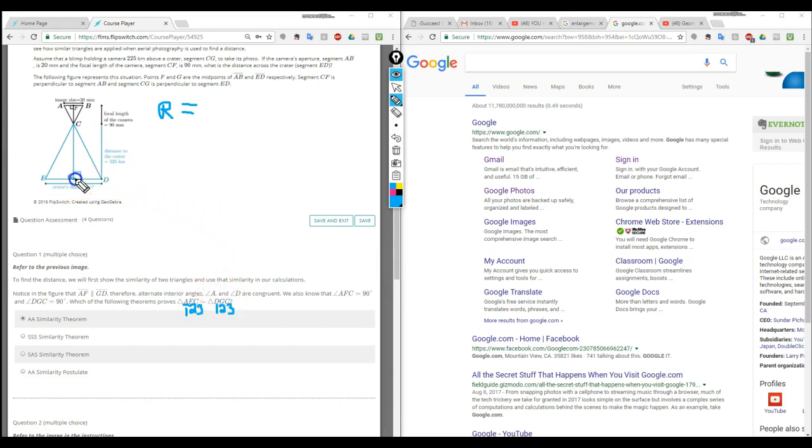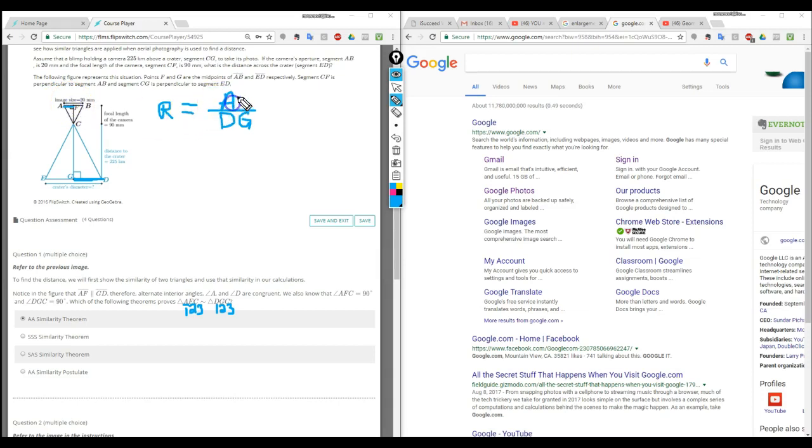Since we're trying to find half our length right here, DG, it's going from our first vertex listed to our second vertex. So I want to make sure that I have DG and its corresponding side, since it was the first vertex and the second vertex, I'm going to go A to F because that's our first vertex to our second vertex.